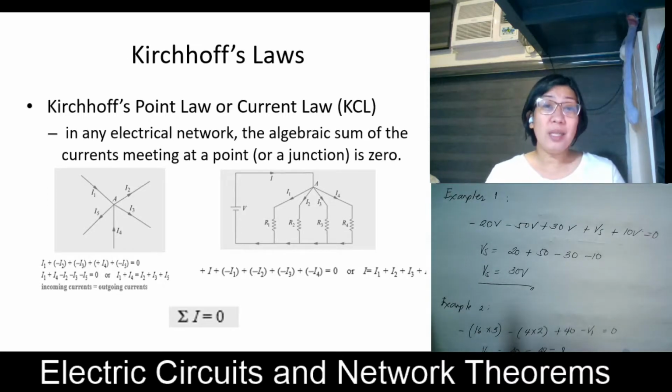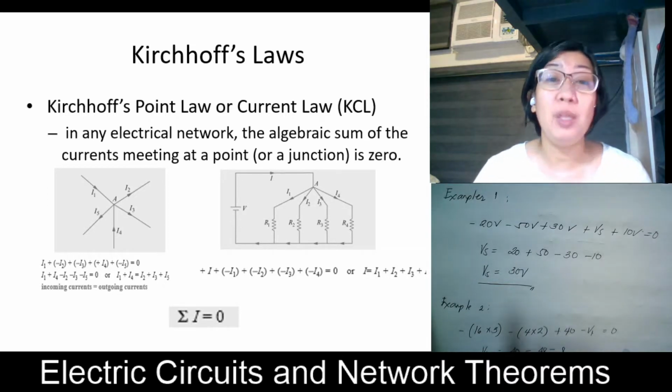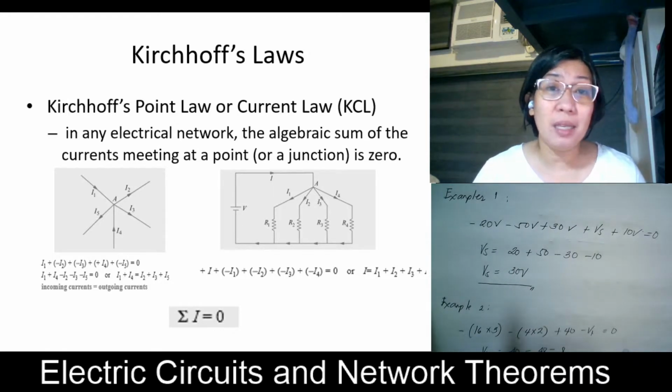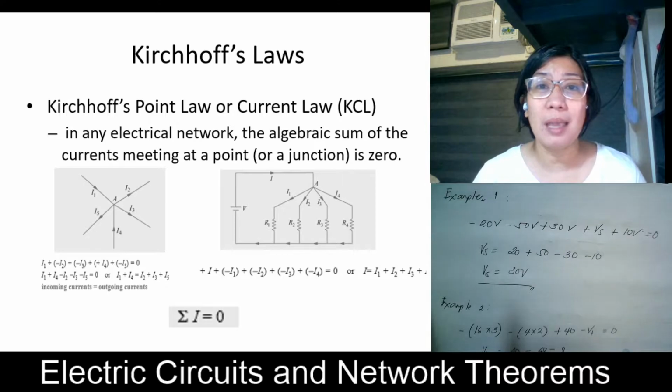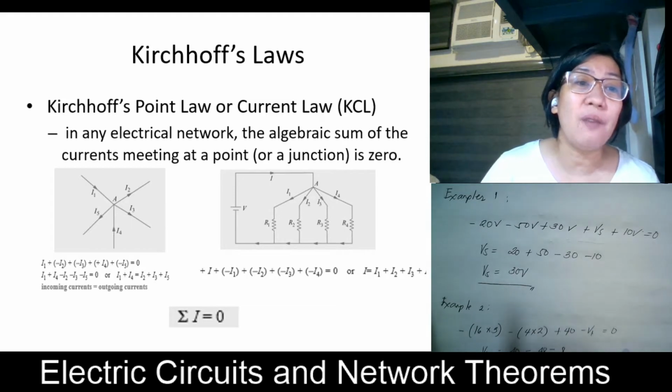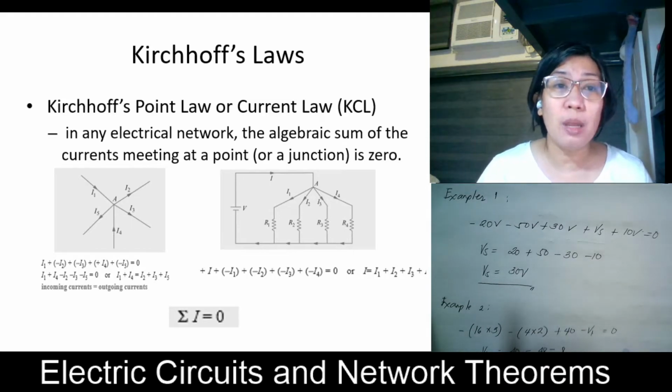Since I2 is leaving, we have to denote it as negative. Plus, again, since I3 is leaving, we denote that as negative. Plus I4, since I4 is entering, that's positive, and since I5 is also leaving, that is negative, okay?